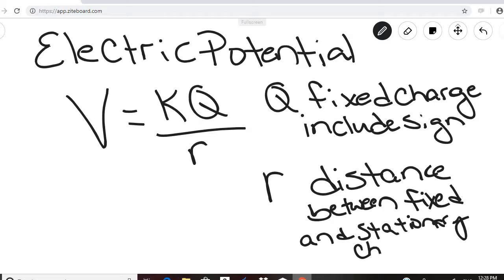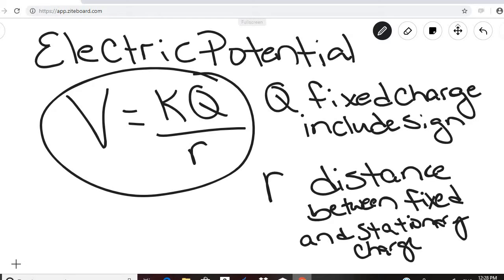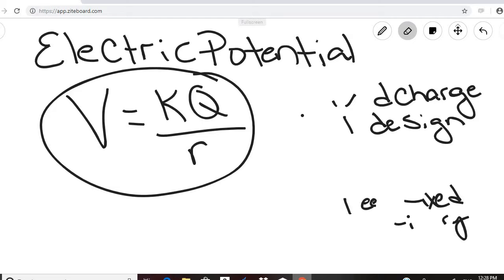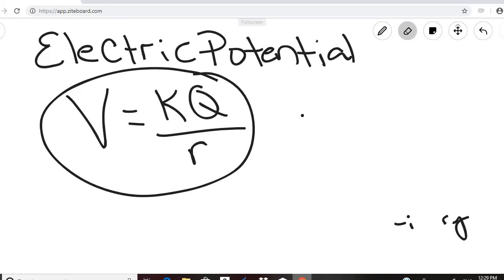Okay, so keep this equation in your arsenal, and that's an equation that we will be using throughout this module. So let's look then at the units that would be involved.